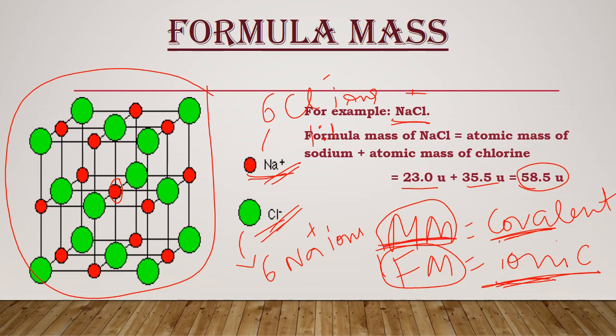In case of ionic compounds, we don't have individual molecules, so we make our own formula unit by taking the simplest ratio of the ions. So since we are calculating the mass of the formula unit, we refer to it as formula mass. So the calculation part is the same, only the terminology is different.